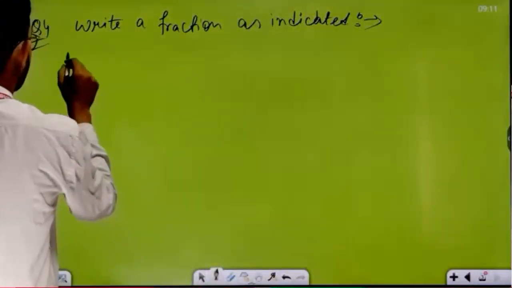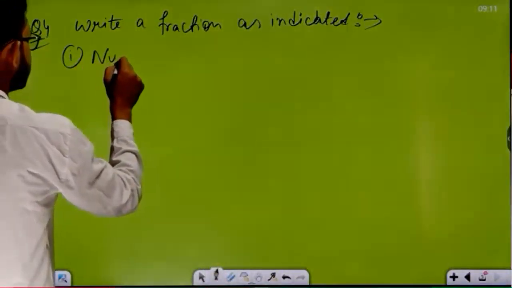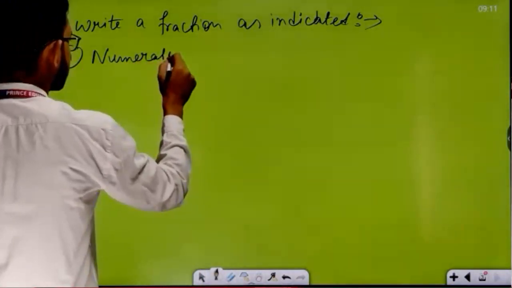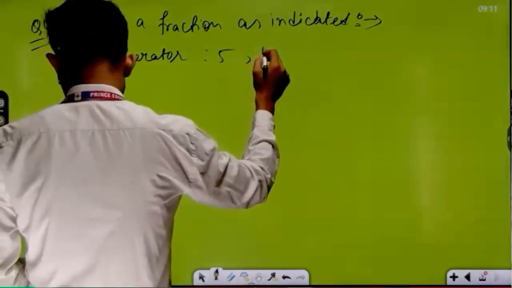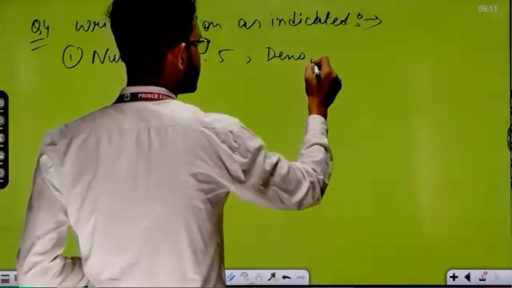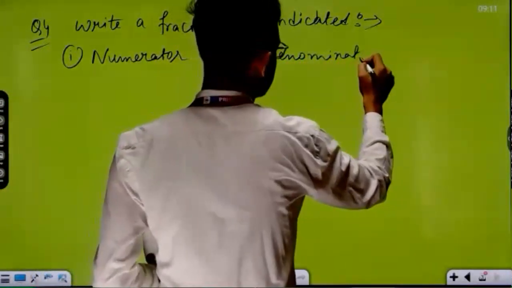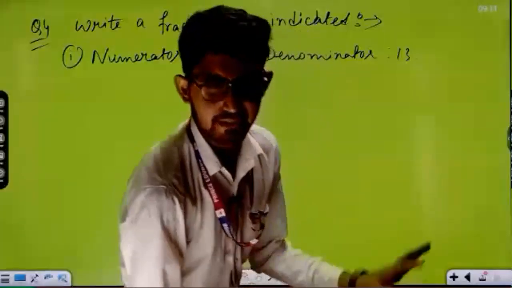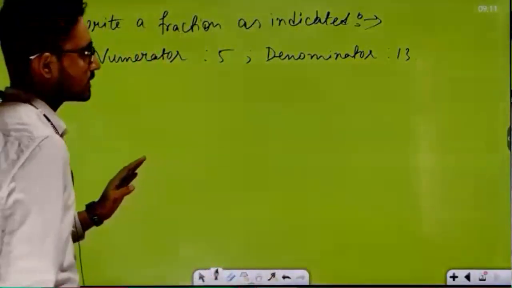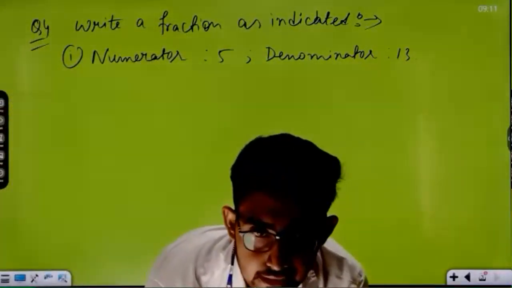So first part, the numerator is how many? That is 5, and the denominator is how many? 13. Okay, very, very simple question. Students, try to understand, just wait.